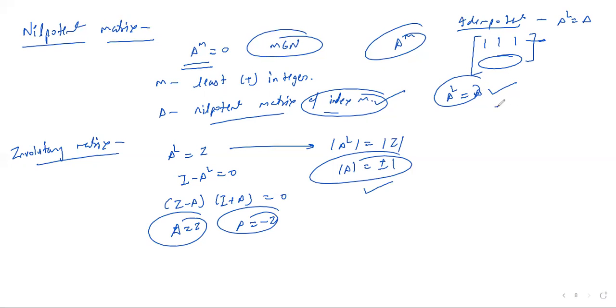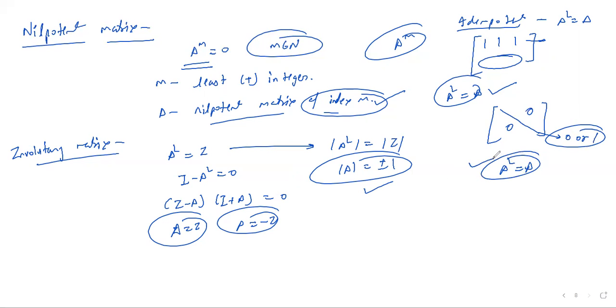Similarly, let's say I have a matrix where the diagonal elements are either 0 or 1 and all the other elements are 0, then it will also satisfy the property of an idempotent matrix.